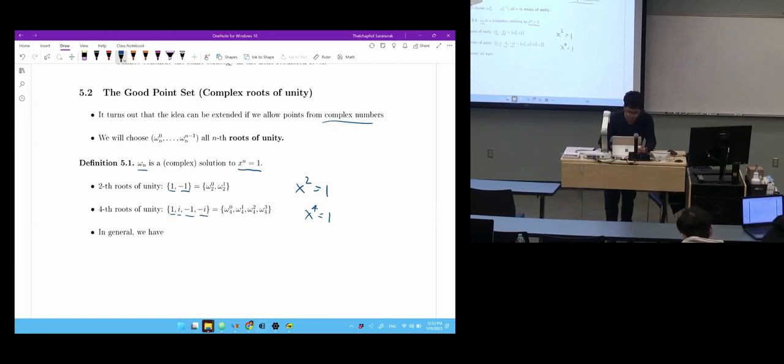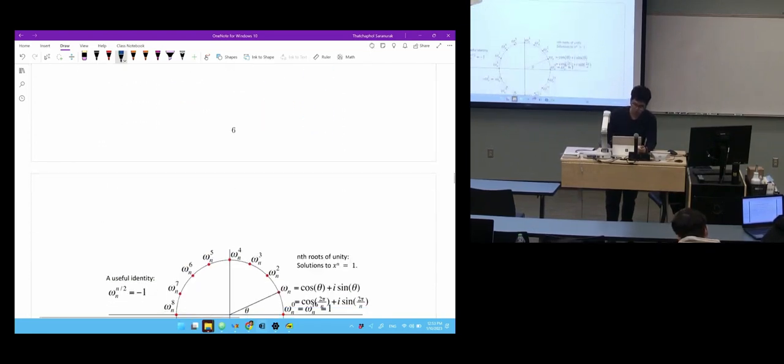So basically omega 4 is just i. And then you can write all of this as powers of omega, right? Omega 4 to the 0 is just 1. This is i. And i squared is minus 1. And i cubed is minus i. So in general, what we have is just this.